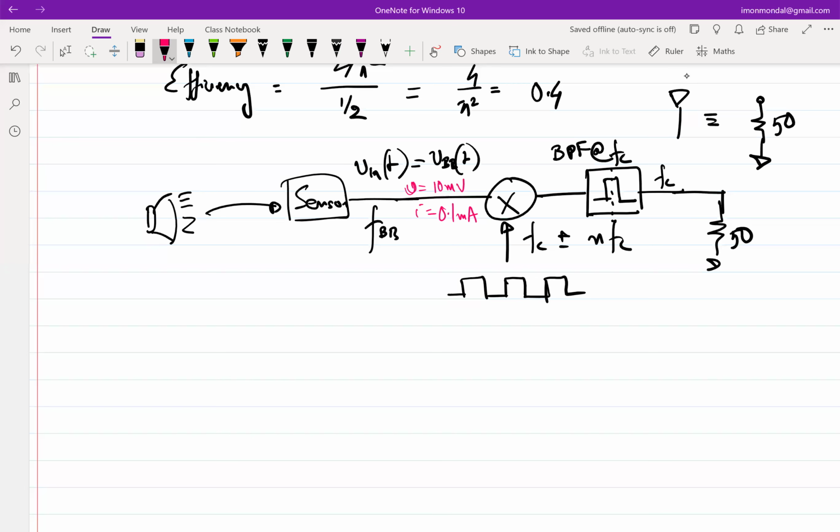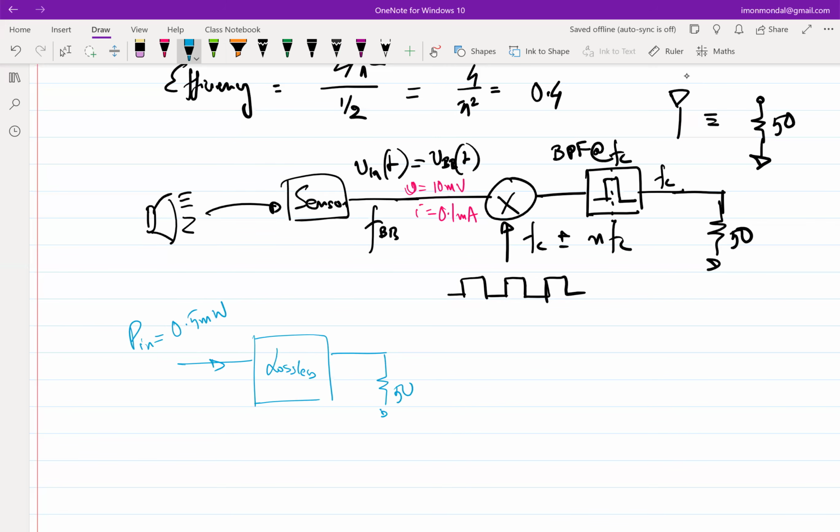The question is, let's say you have a system which is lossless. Here you have a 50 ohm load. The input power in is, let's say, half a milliwatt, which itself is very generous. You will not get, by the way, this is not milliwatt.